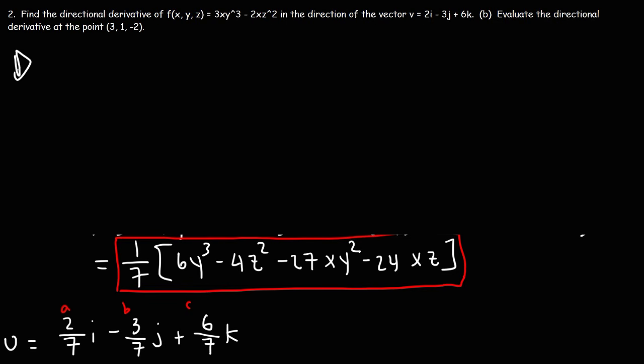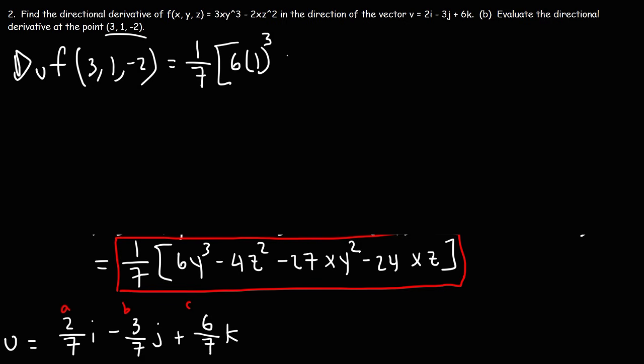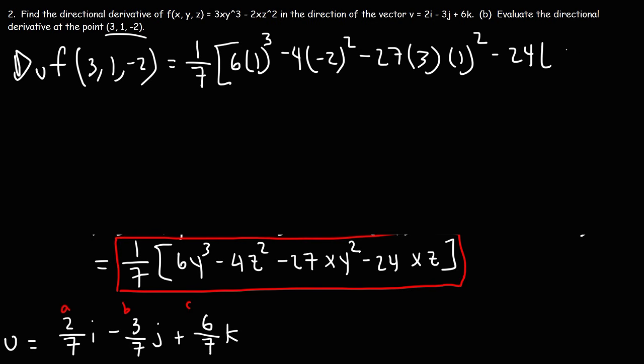So now we need to evaluate the directional derivative at the point 3, 1, negative 2. So let's replace y with 1, and z with negative 2. x is 3, y is 1, and then this is going to be 24 times 3 times z, which is negative 2.